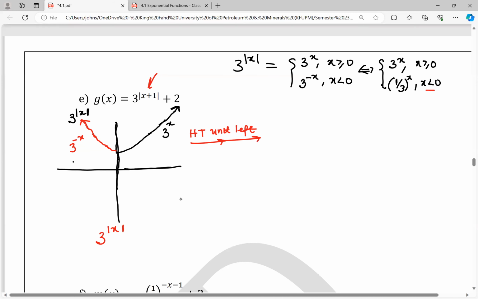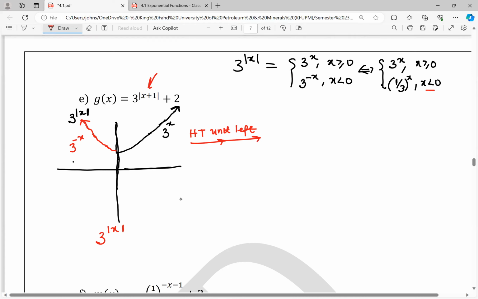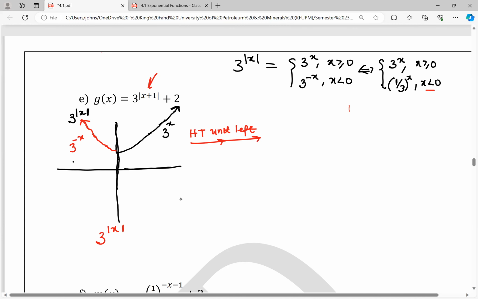And what does that mean? Remember, this point is (0, 1). You move it 1 unit to the left, so it will come here.